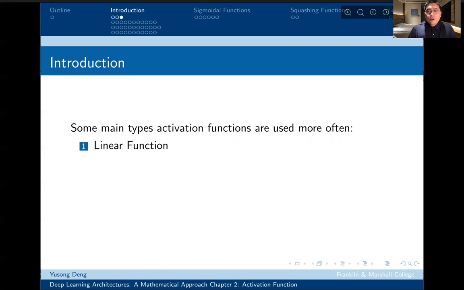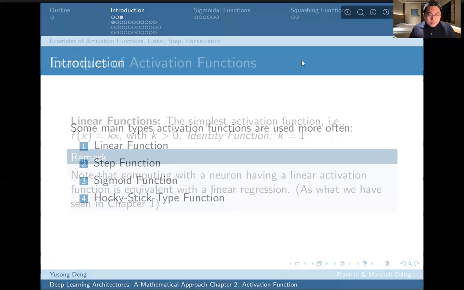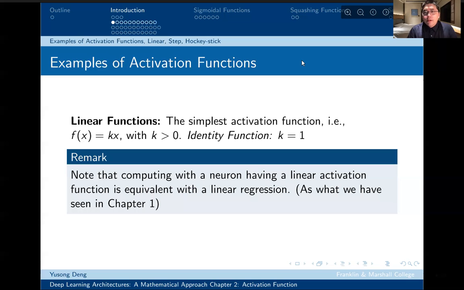But there are still lots of functions mainly studied by many mathematicians and computer scientists. First is linear. The second one is what we call step. The third one is sigmoid. And the fourth one is what we call the hockey stick type function. So let's go through them one by one.